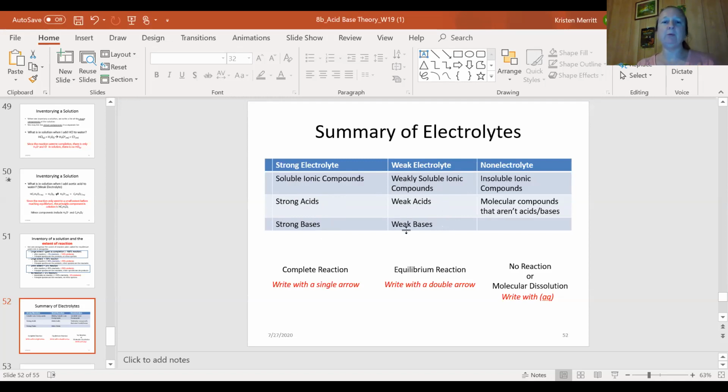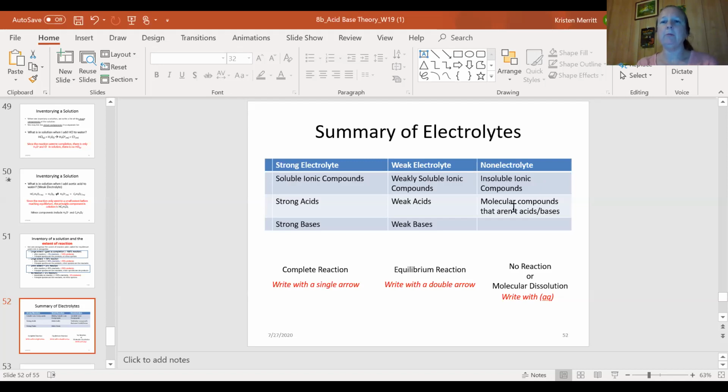So the same weak acids, weak bases, all three of these, they only make a little bit of ion. So it does carry current, but not very strong. And then non-electrolyte, of course, is your insoluble ionic compounds. If it's an ionic compound, but it doesn't dissolve, like magnesium carbonate or calcium carbonate, it's obviously non-electrolyte because there's nothing going on.